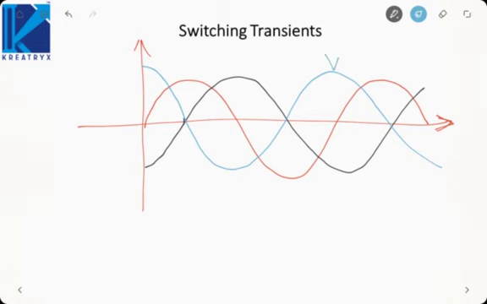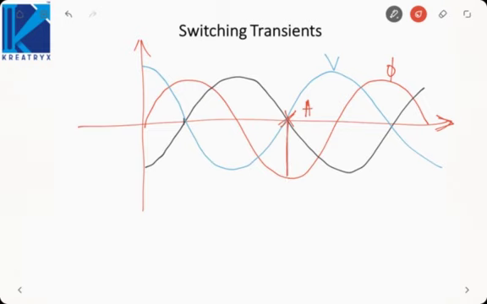This is my applied voltage and this is my flux. The first instant we were talking about is when the applied voltage has zero crossing. Let us consider this point, where the applied voltage is 0, as point A.